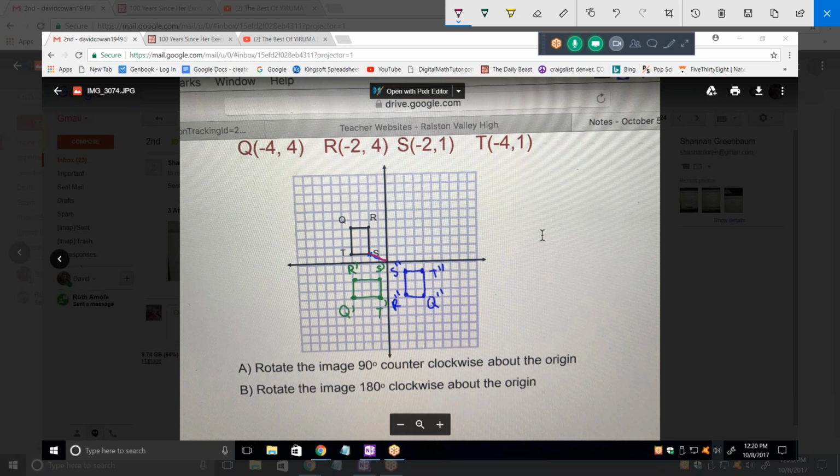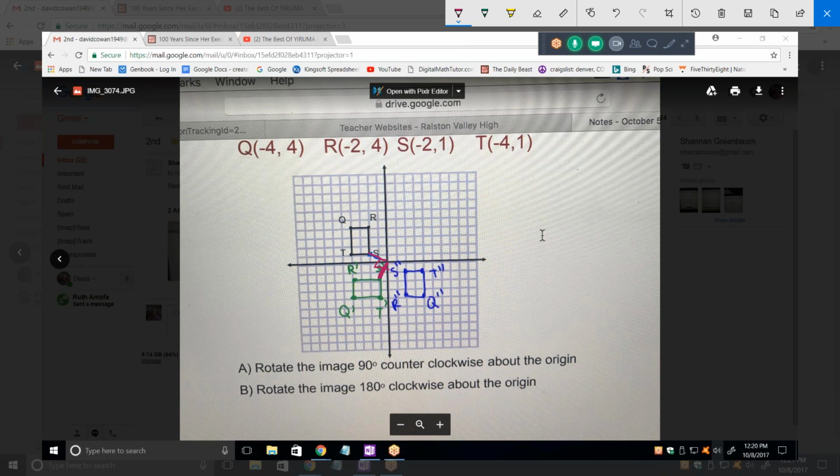Now, if I take that pink line and rotate it 90 degrees counterclockwise, that's where the new S goes. Notice I have a 90-degree angle. You with me? And that's what you do, you rotate every point 90 degrees.